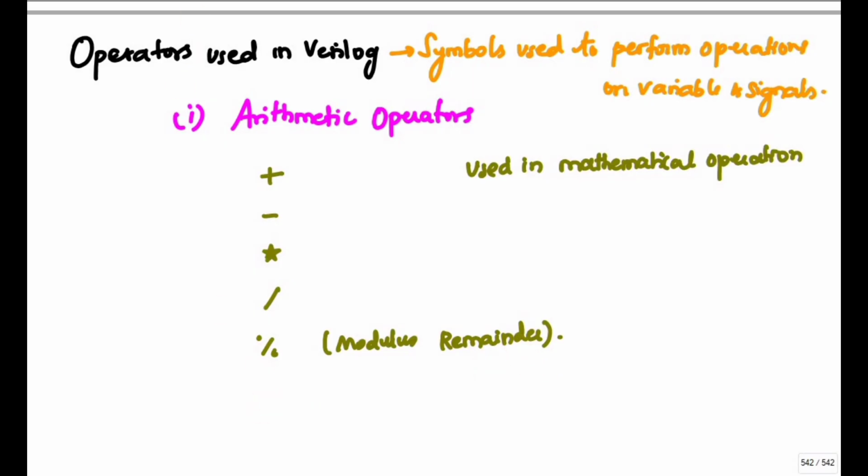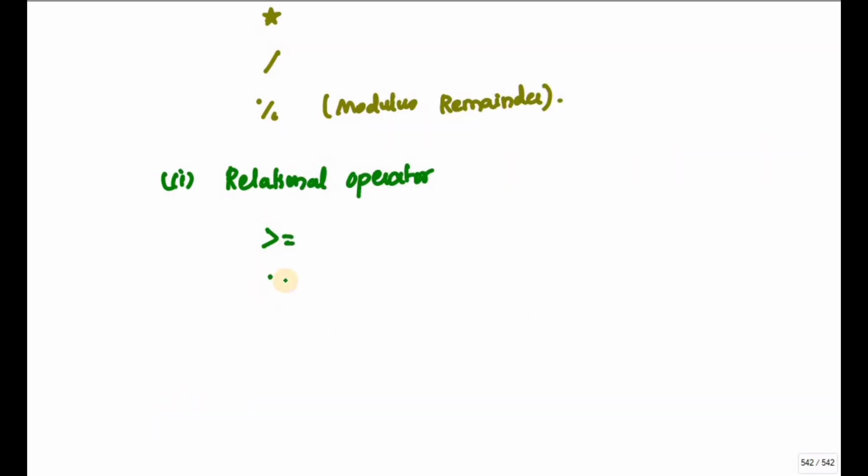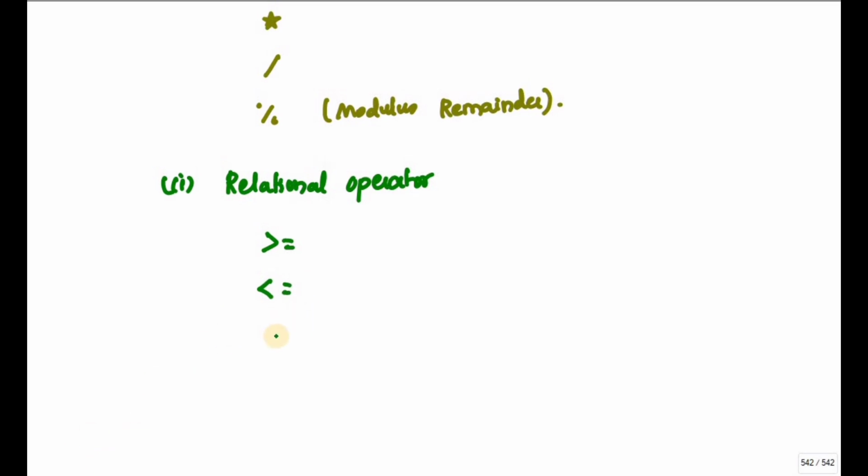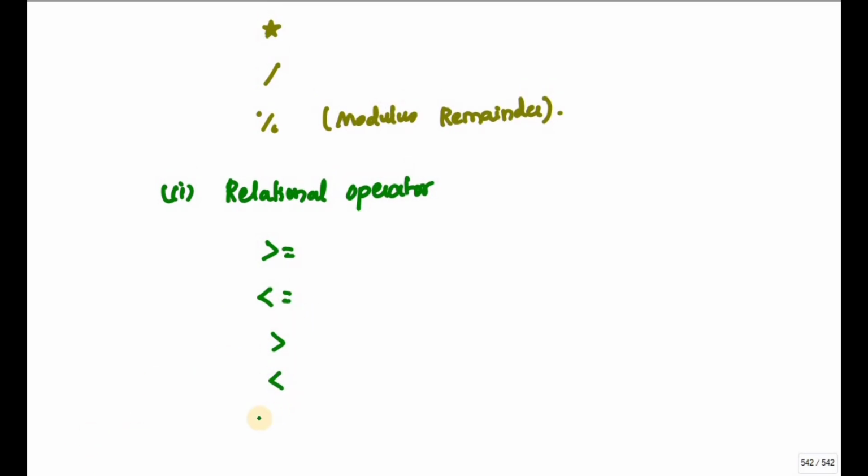The next one is relational operators. They give a relation between two numbers. They are greater than or equal to, less than or equal to, greater than, less than, equal to (the two equal-to symbol), and not equal to.